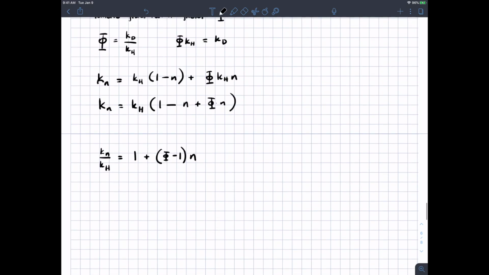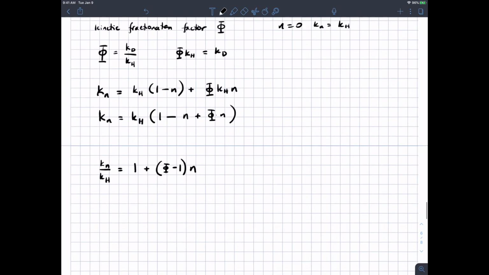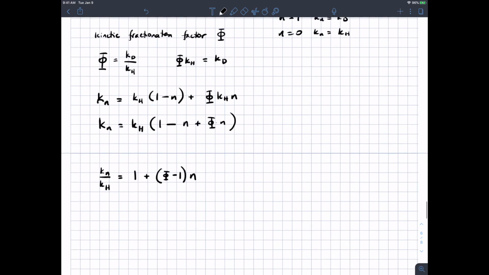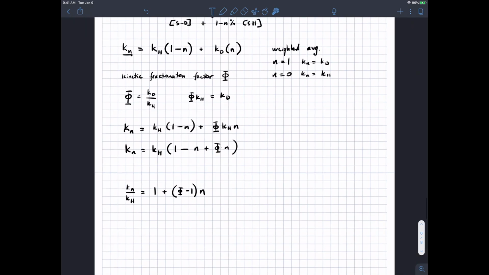All right. And what we have just said is true based on this fractionation factor. This equation is true for one proton exchange site.